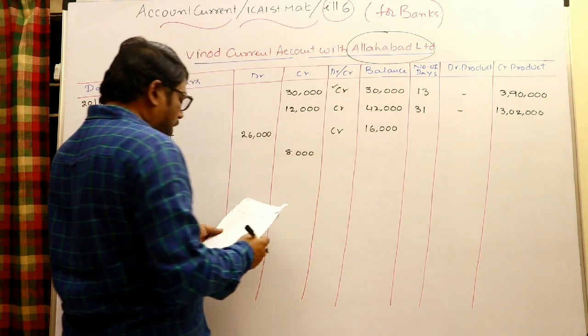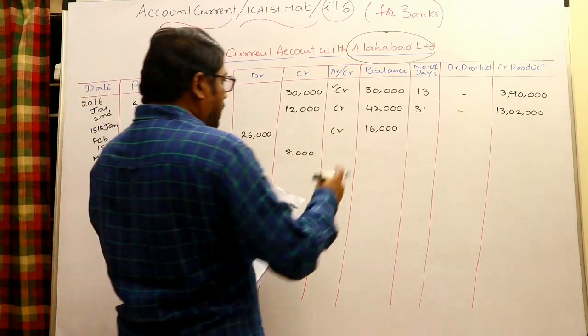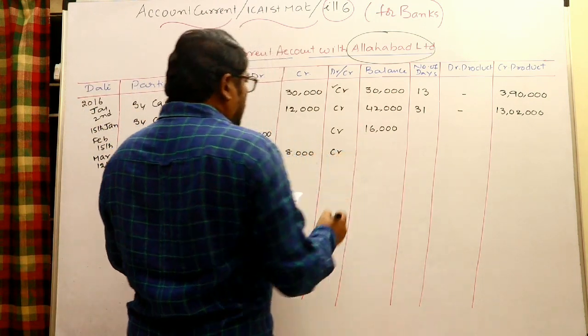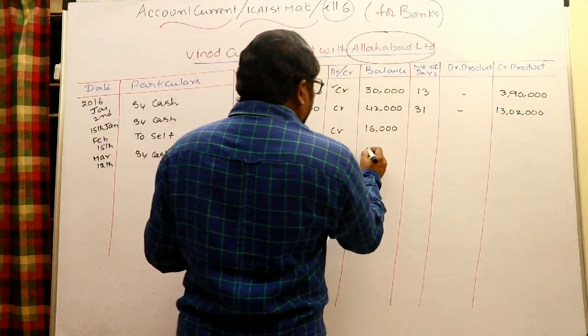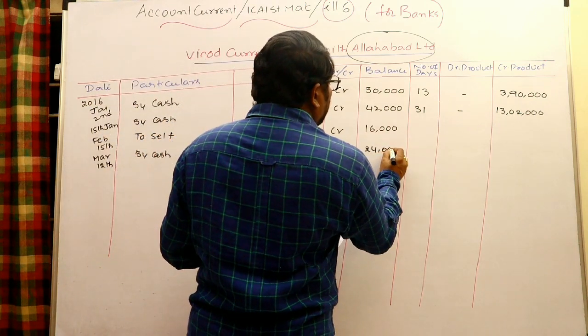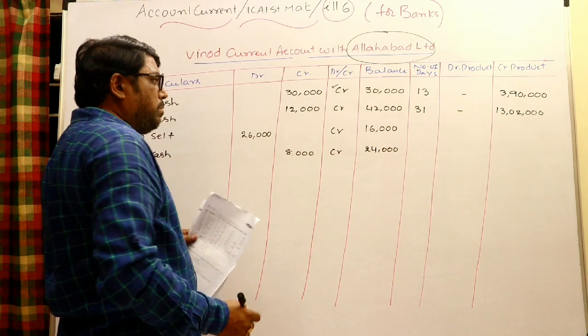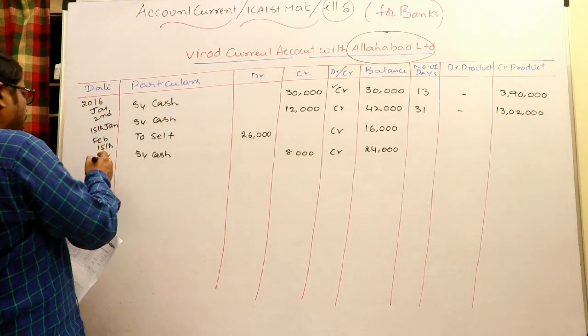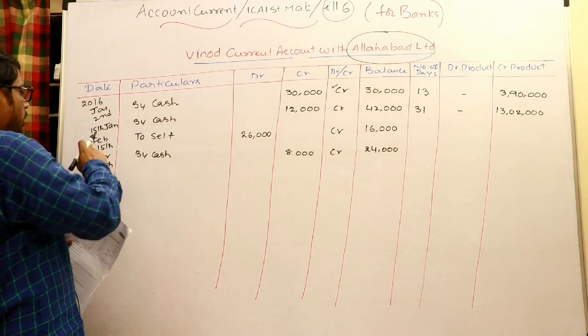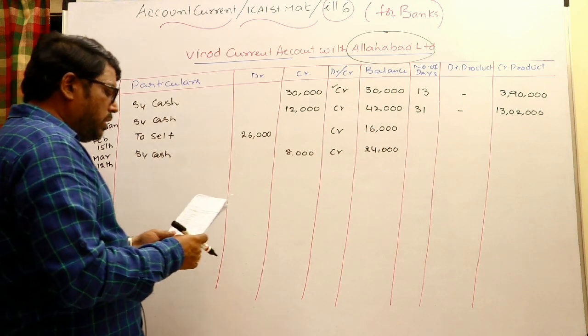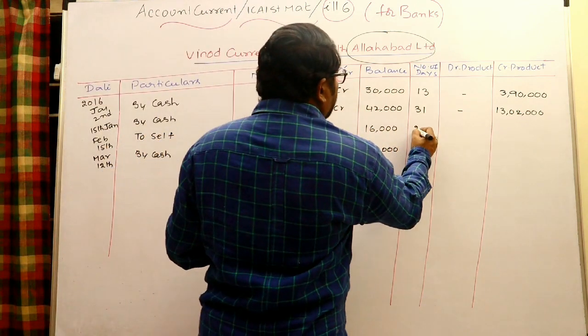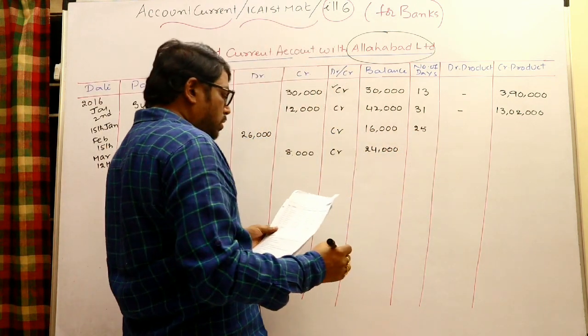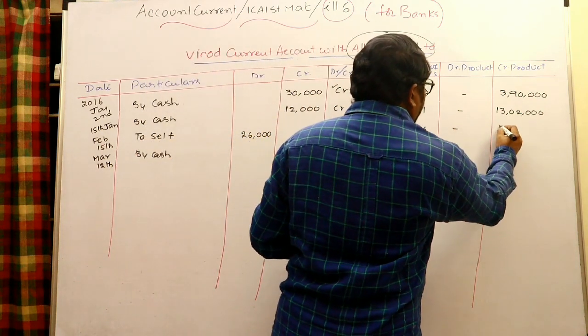Then the credit balance will be 16 plus 8, that is 24,000. Let us calculate the number of days for 16,000 from February 15th to March 12th. In February 13 days, in March 12, so 25 days. 16,000 into 25, 4 lakhs is a credit product.